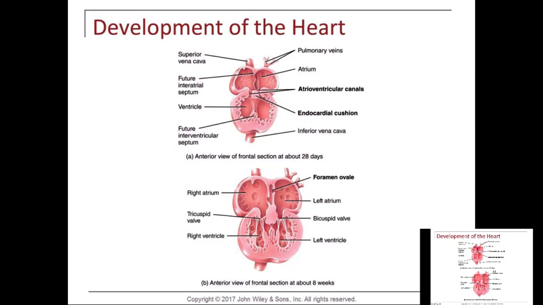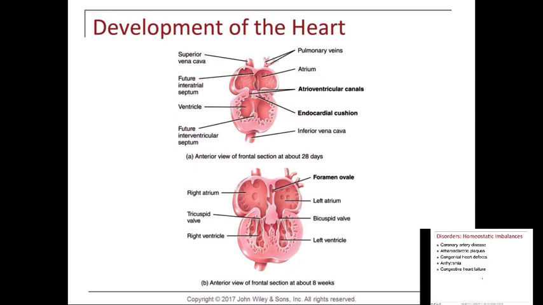As it starts to form, you can see that there's a foramen ovale, a hole here. Many times you'll hear of adults who are going to have a procedure to have a hole fixed in their heart. Usually it's trying to close this up, okay? Sometimes there are developmental issues where this doesn't fuse and close.